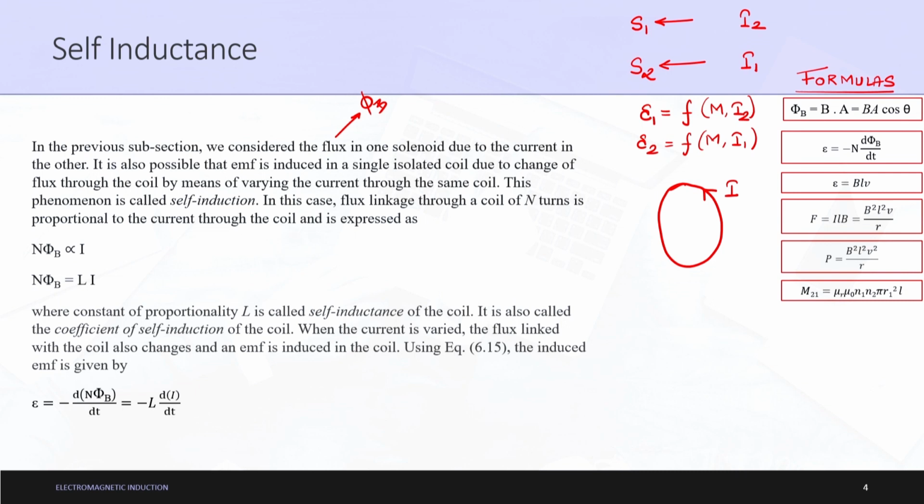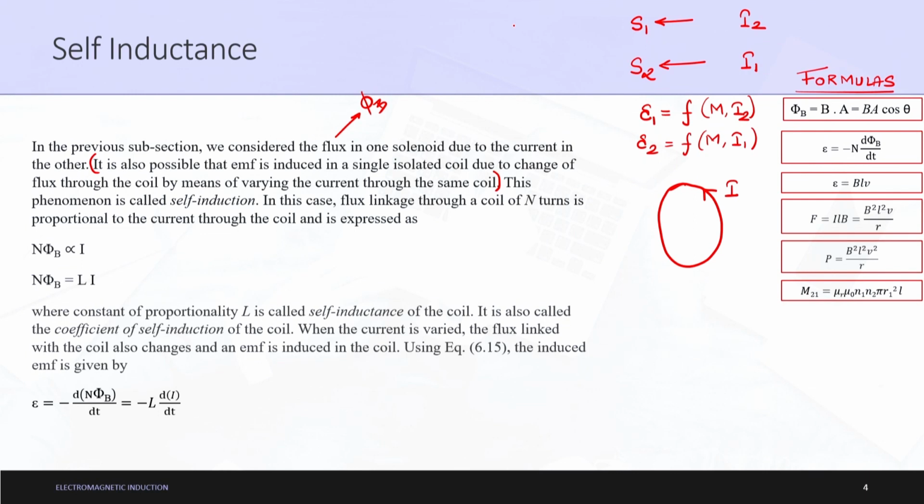If current can induce EMF in a neighboring coil, can it happen that the current passes through, say, coil C, and EMF is induced due to the time rate of change of that current in the same coil? If the same coil is being talked about again and again, that means the concept of self inductance is being talked about here.